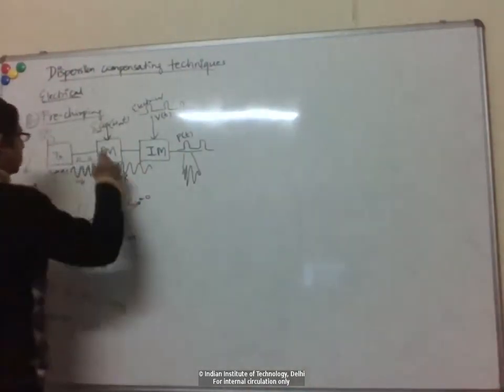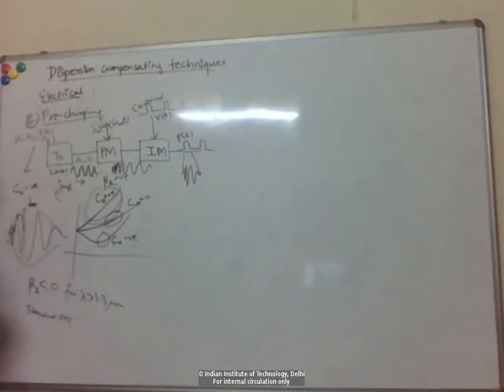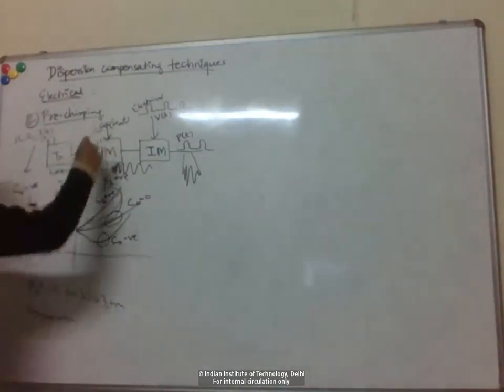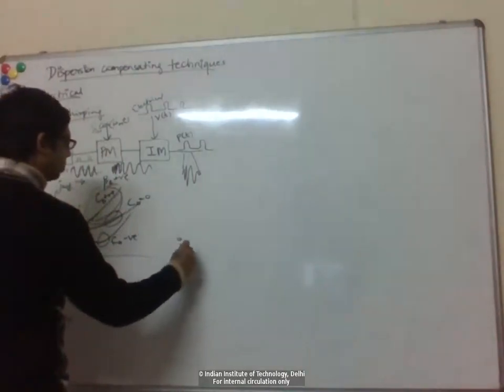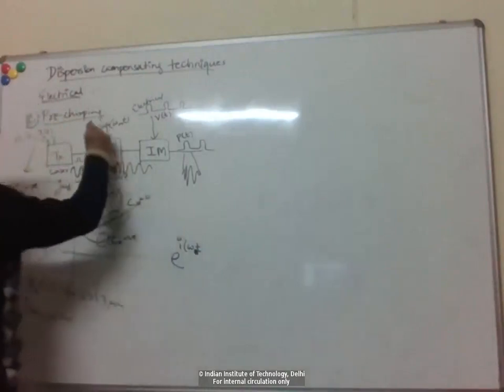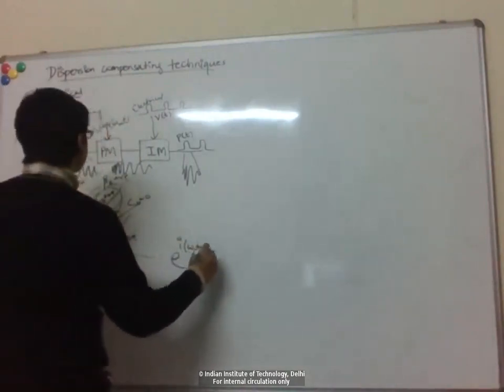From the laser, I have e to the i omega naught t, just a carrier. Then I do phase modulation. After the phase modulation, I have omega naught t, and now the phase is modulated according to this electrical signal, so I have an additional phase here.